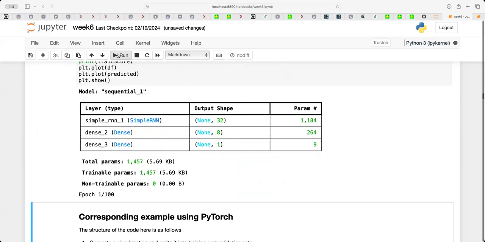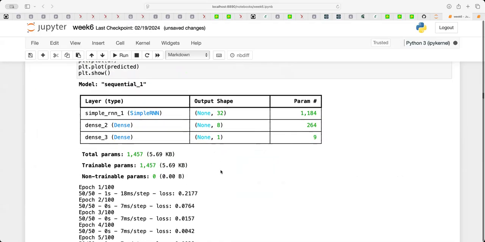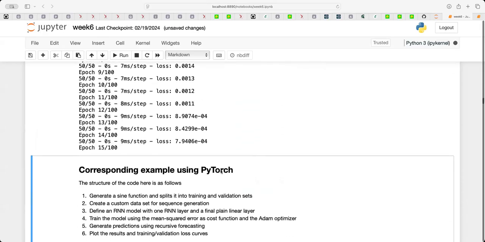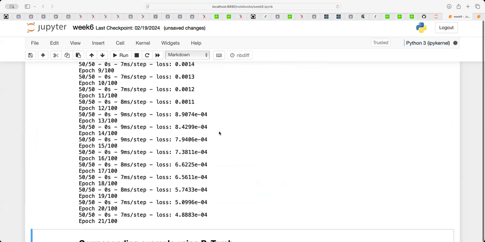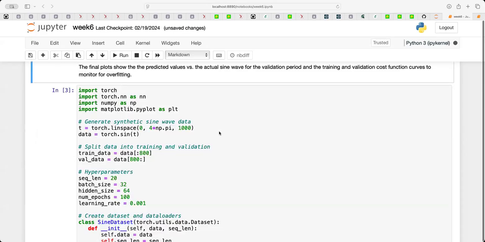So if I just rerun this simple example here, the number of parameters are obviously the same. I'm running through the different epochs and calculating the loss function at the different steps. Every step now can be thought of as you making a measurement.